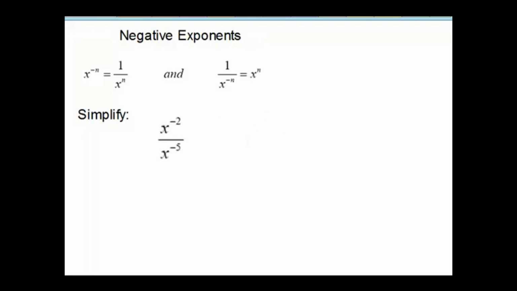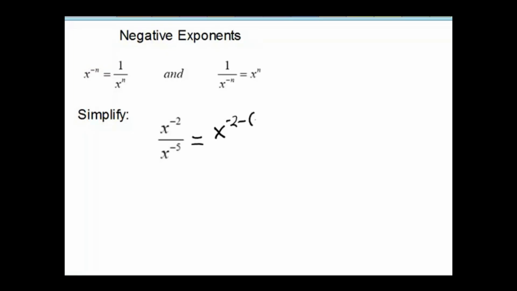There are two approaches to this next problem. I'm going to show you both, and you can try and see which you prefer. It doesn't matter. One is as good as the other. One thing we could do is use our old rule. We have like bases as a fraction, and our rule was keep the base and subtract the exponents.